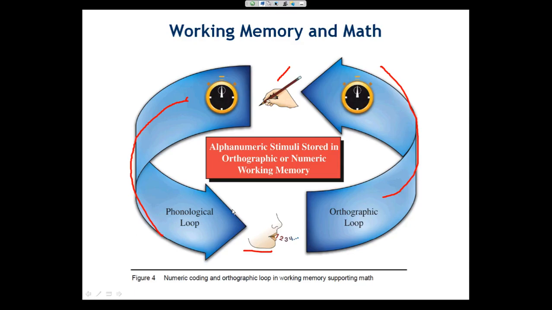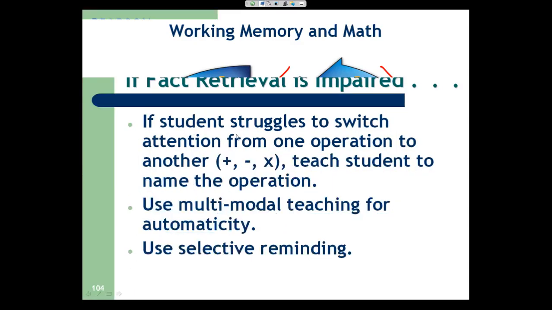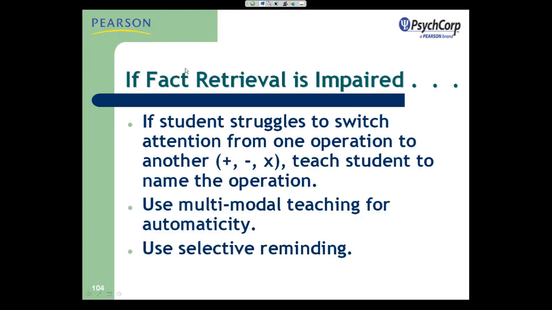And then she tells us what we can do if we identify that the student is struggling because of a weakness in retrieving facts. The student might be struggling to switch attention from one operation to another. You might want to present sometimes a number of problems just using one operation. Teach the student to name the operation is another way. Often, some students do better when they look at the information and then give you a written response.